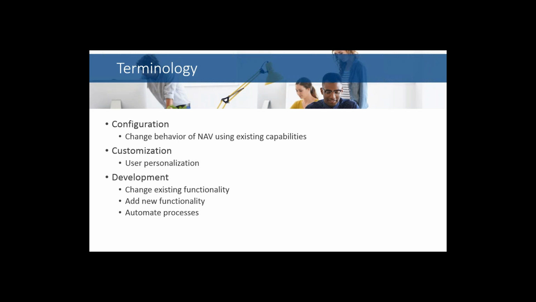When I say customization, I'm talking about user personalization, so things like changing columns, moving things around on the screen, that sort of thing. And when I say development, I'm talking about changing existing functionality, adding new functionality, and using development to automate processes. I just want to make sure we're on the same page. When I say those things, that's exactly what I mean.